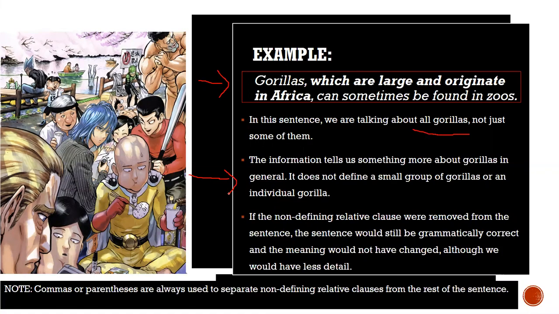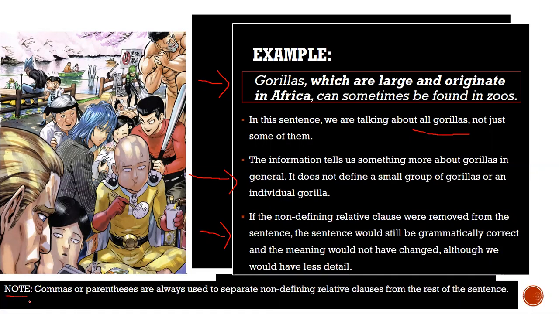It's not defining any particular group of gorillas because it applies to all of them. If we remove the non-defining relative clause, we're still talking about all gorillas. If I just say "gorillas can sometimes be found in zoos," I'm still talking about all gorillas, right? So the meaning didn't change at all. So that's what we have to take into consideration and never forget.